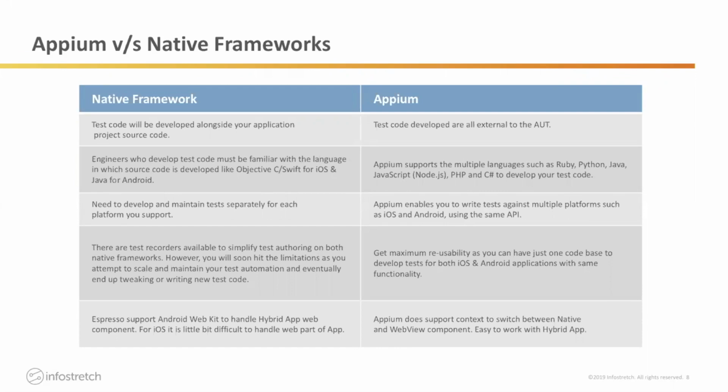However, there are still benefits of native frameworks. If you support only one platform, then a native framework would be the better option. As I said, the execution performance of a native framework is better than Appium. But on the other side, there is a drawback: you need to maintain two different test codes while supporting both platforms, Android and iOS.